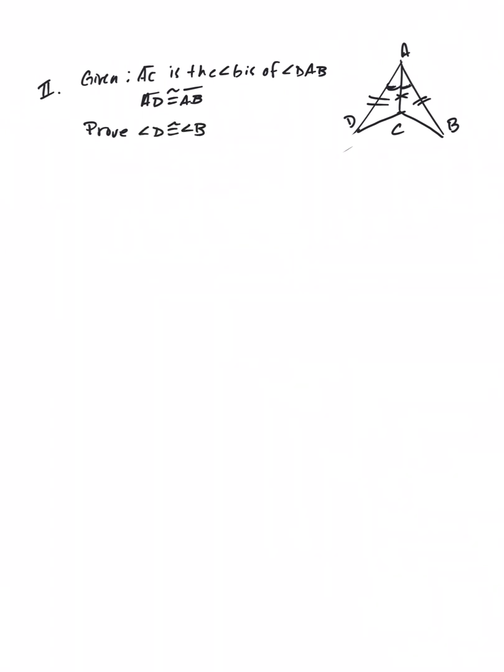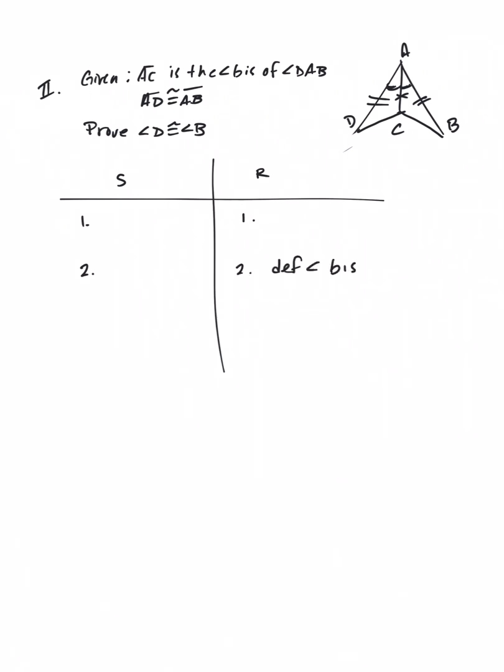Now, this was a proof where they gave you an outline and you had to fill things in. Well, number 1, we already know. So number 2, it was blank on the left. I'll fill it in red. On the right, it said definition of angle bisector. Then for line 3, it had the information filled out on the left.